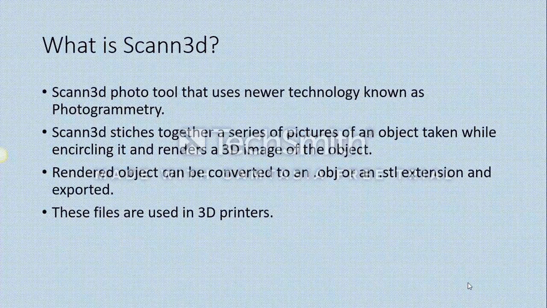And what you could do with this type of rendering is have it exported as an OBJ file or an STL file, which is what most 3D printers use to print models.